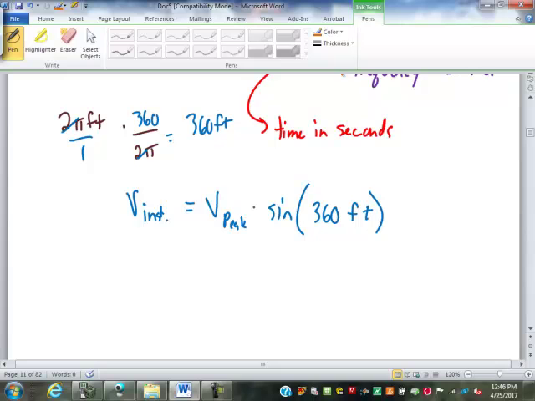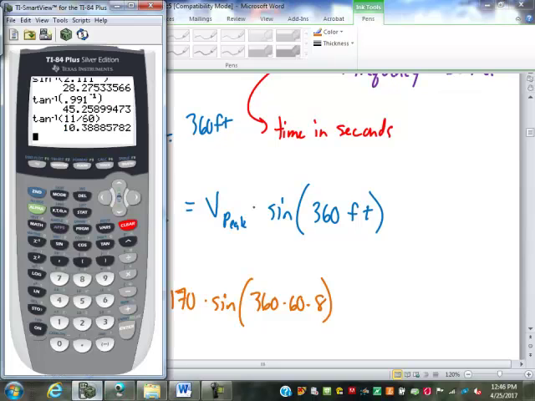So what is the instantaneous voltage at time equals 8 seconds? Yes, at any whole seconds it should be 0. Let's test it out. So we got 170 volts times the sine of 360 times 60 times 8. So 170 times sine.